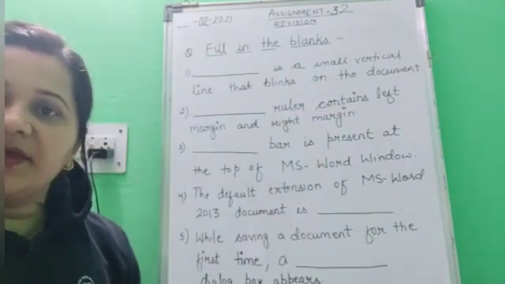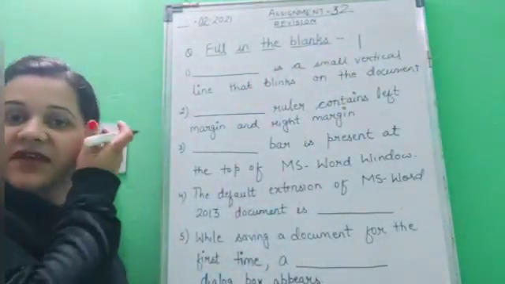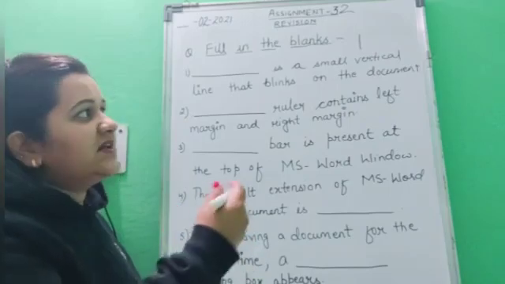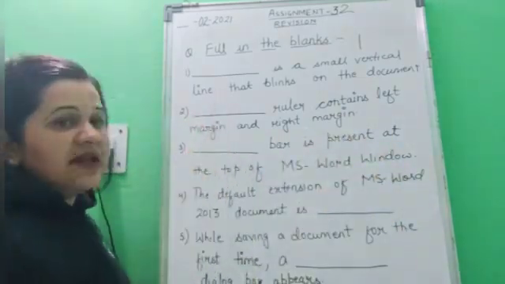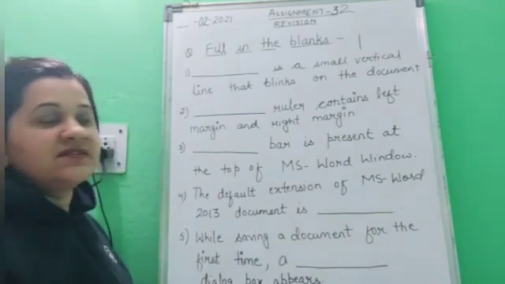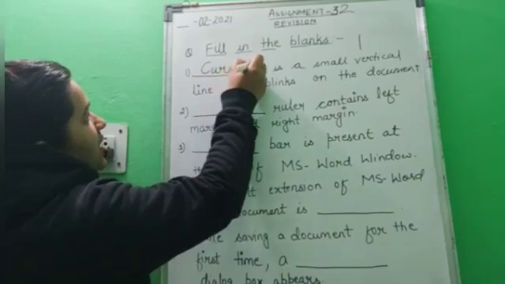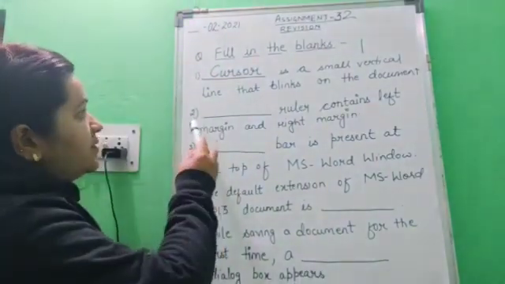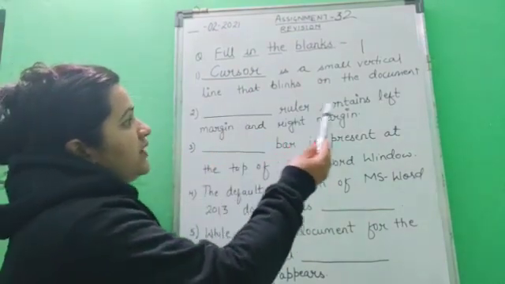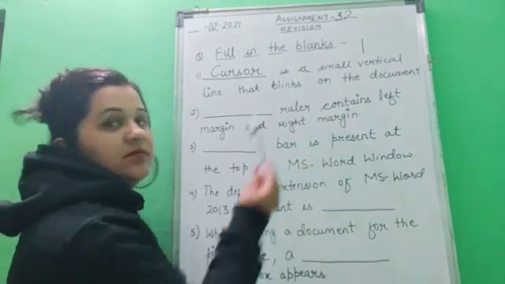Whenever we start typing on it, there is a small line that blinks on the document, and whenever we type something, it gets shifted towards the right hand side. That small vertical line is known as what? It is known as cursor. C-U-R-S-O-R, cursor.